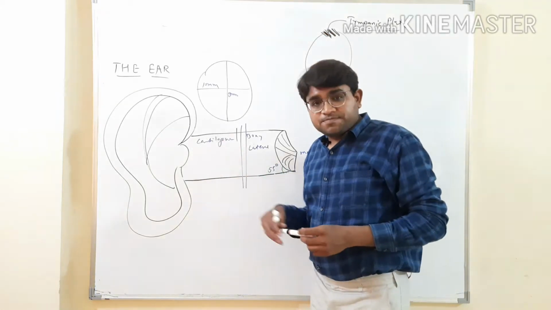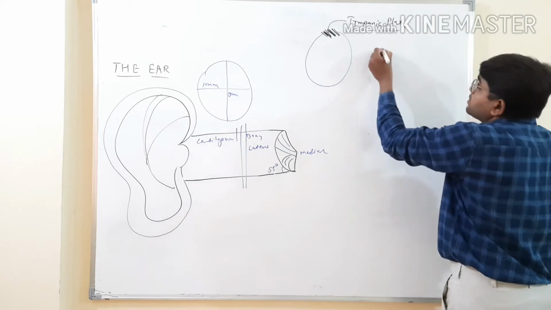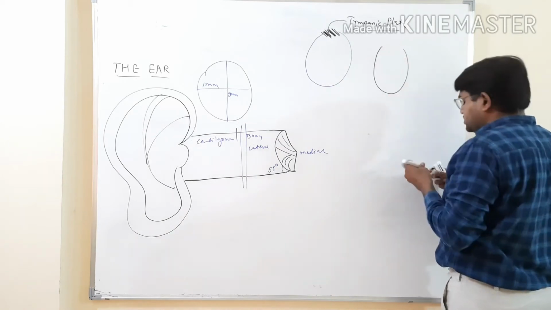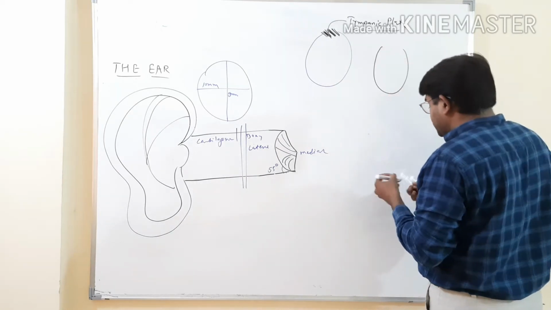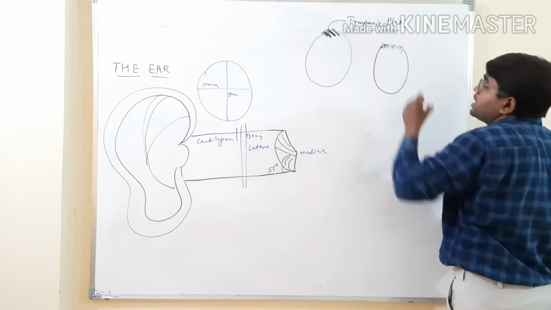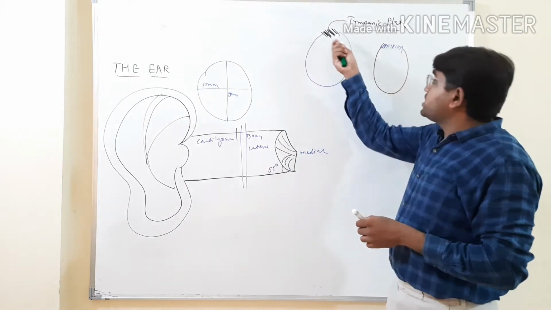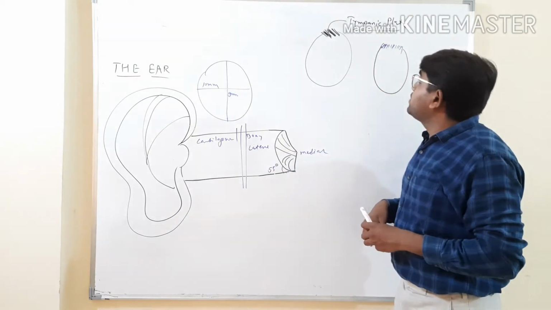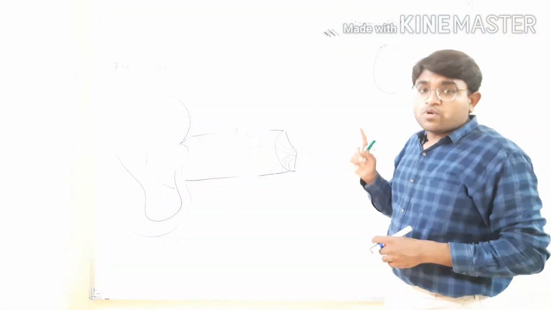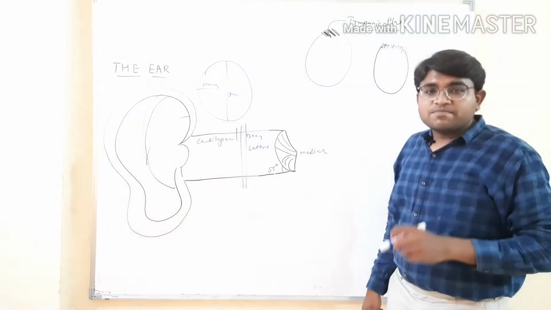Its cartilaginous part is also deficient from the superior side, but here on the cartilaginous part, this gap is filled by fibrofatty tissue. But in the bony part, its superior deficient area is filled by the squamous temporal bone, and this plate of bone is known as the tympanic plate.